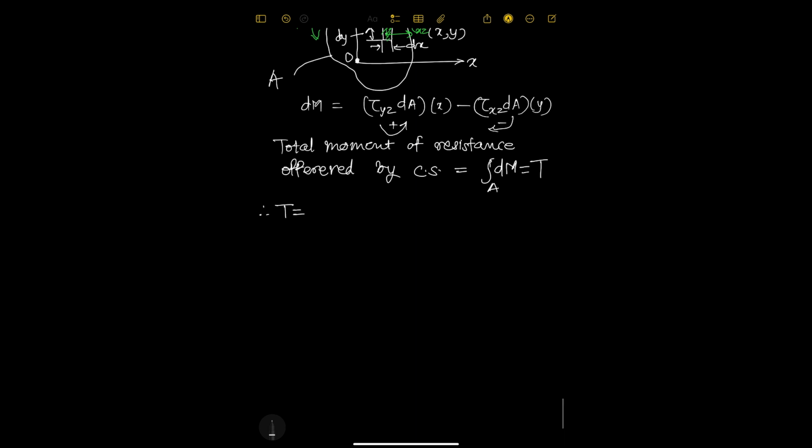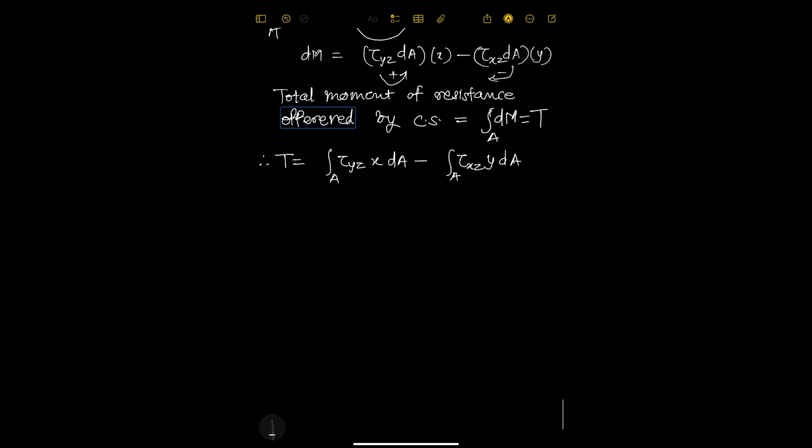Therefore T is equal to integration of tau yz x dA minus integration of tau xz y dA. This whole integration is over the area, and we know that dA is equal to dx dy.